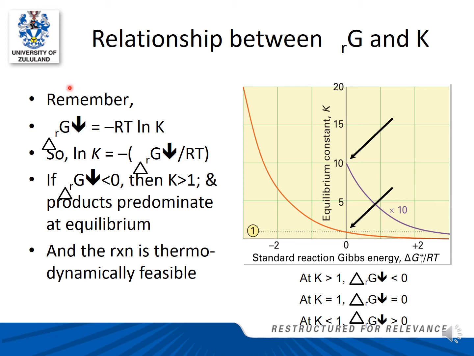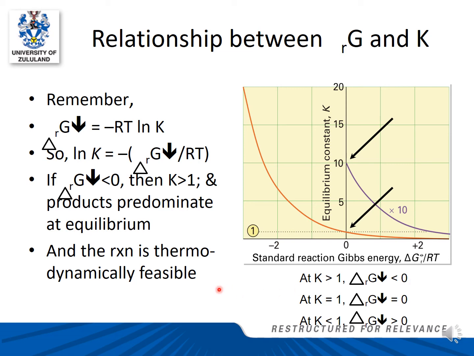Even if we put values into one of the equations here, as long as the value of K is greater than 1, the value of ΔG will be less than 0. And if it is less than 0, we remember that the reaction will be spontaneous, and if it is spontaneous, it will favor the forward reaction.